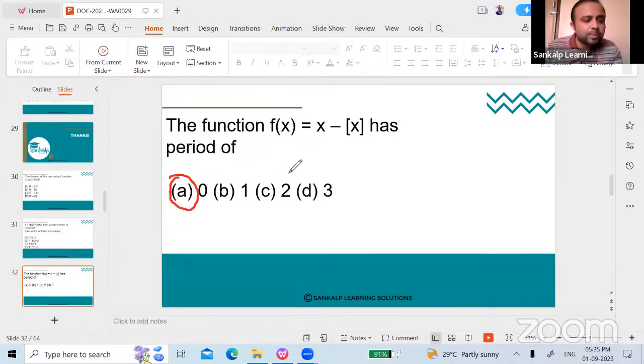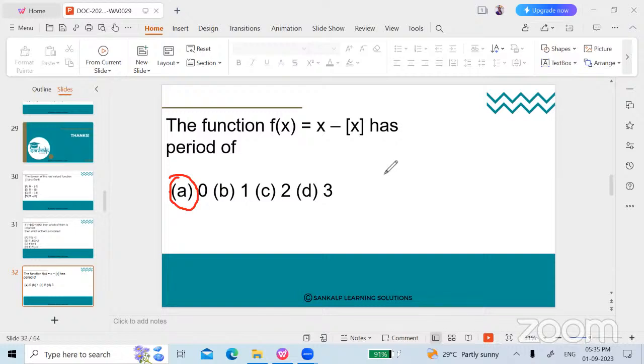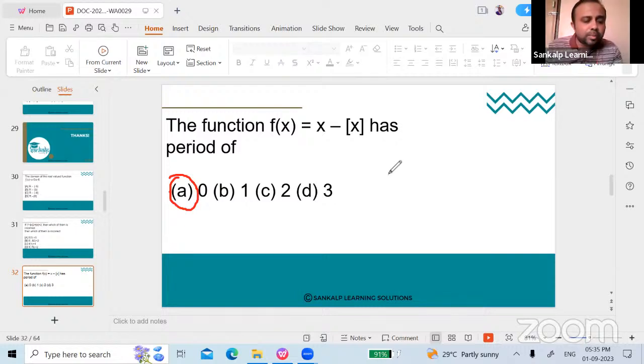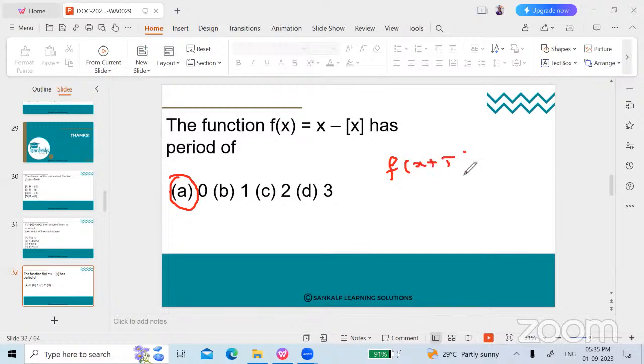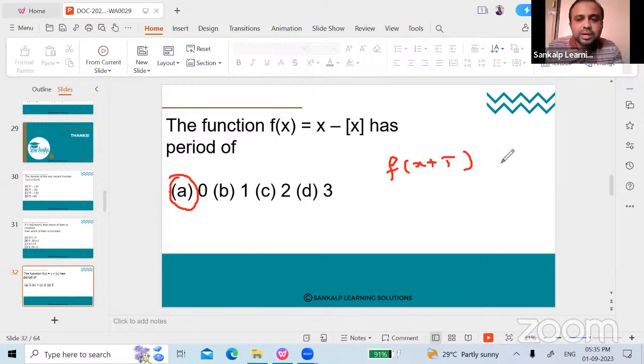Now, suppose T is a positive number. Consider f of x plus T, where T is the period.